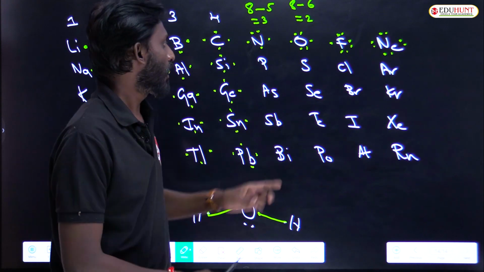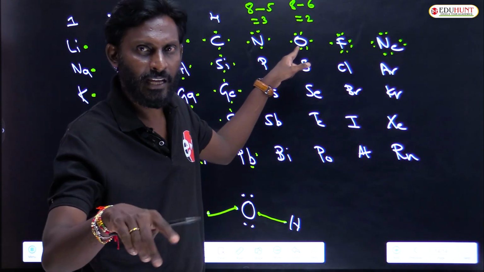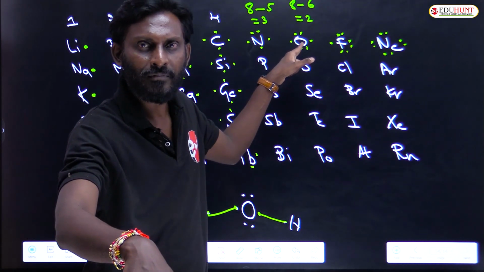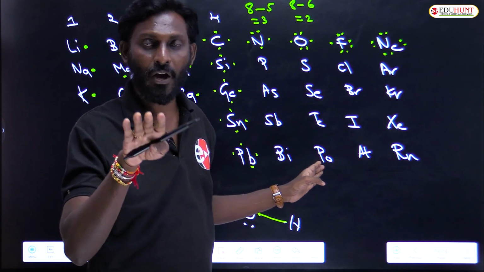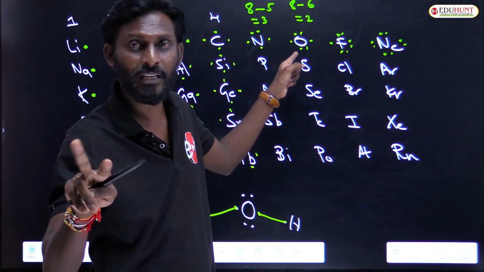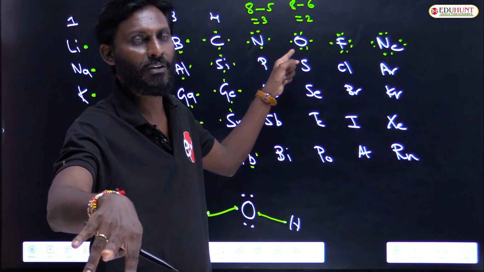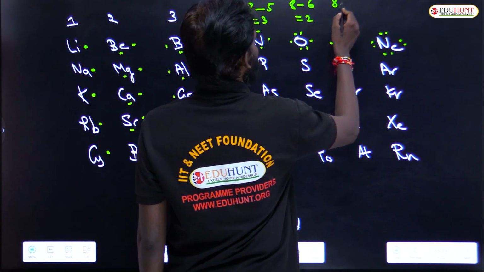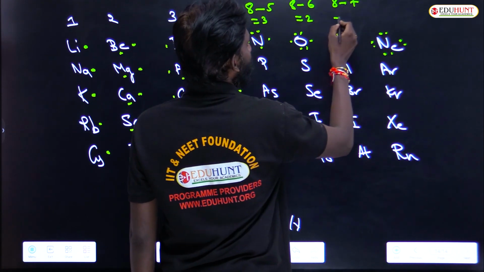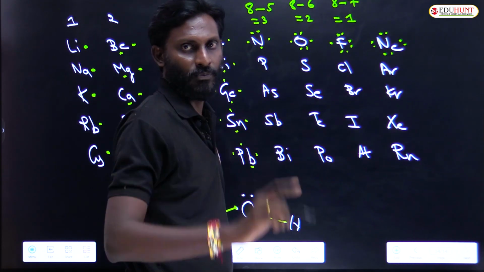Or simply, oxygen has 6 electrons. Now, if it gets 2 electrons, it will complete its octet. So these family members can get an octet by sharing 2 electrons or by getting 2 electrons. So anyway, valency is 2. Like that, 8 minus valence electrons 7, combining capacity, valency is 1.